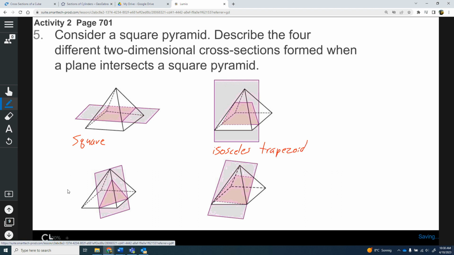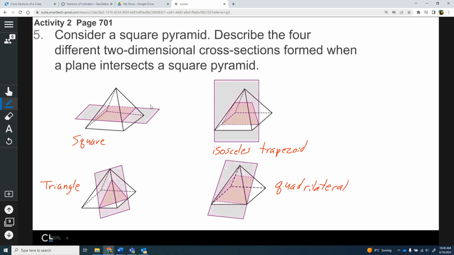This one will be a triangle. And this one is going to be your quadrilateral. So what we're doing with this is you get a shape, you cut it a certain way, and you identify the shape that is made. That's what cross sections are.